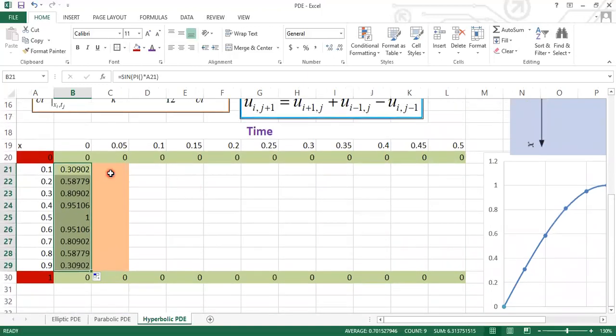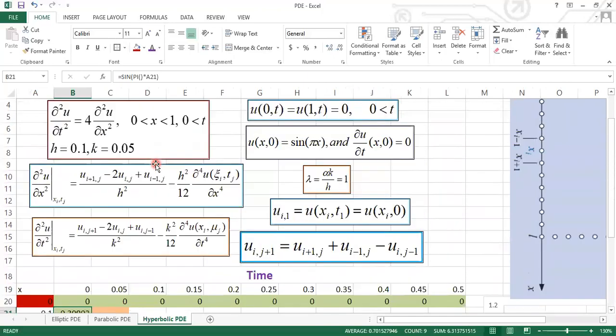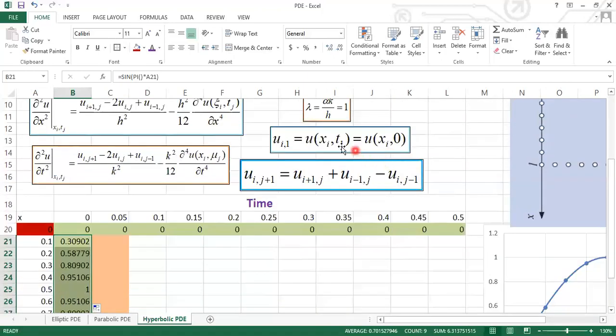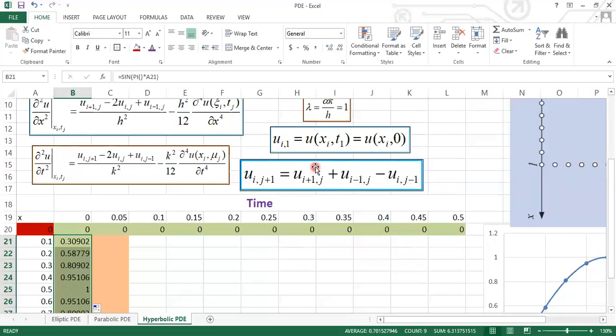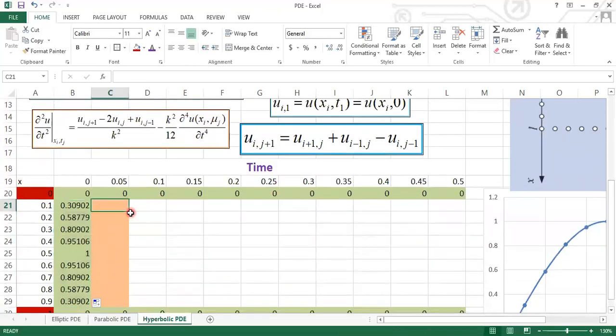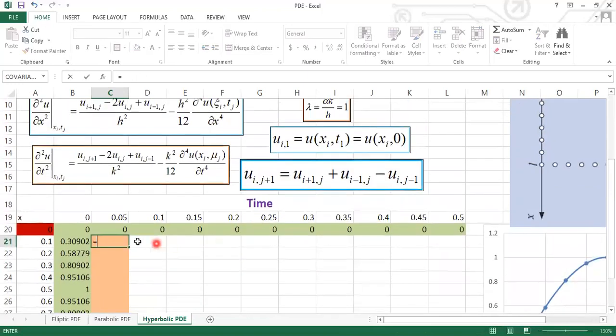Now at the first time step, t equal to 0.05, we can use the velocity condition, and the velocity condition suggests that u(i,1) equals u(i,0), since the velocity is 0. In a general problem, you may have some expression over here.